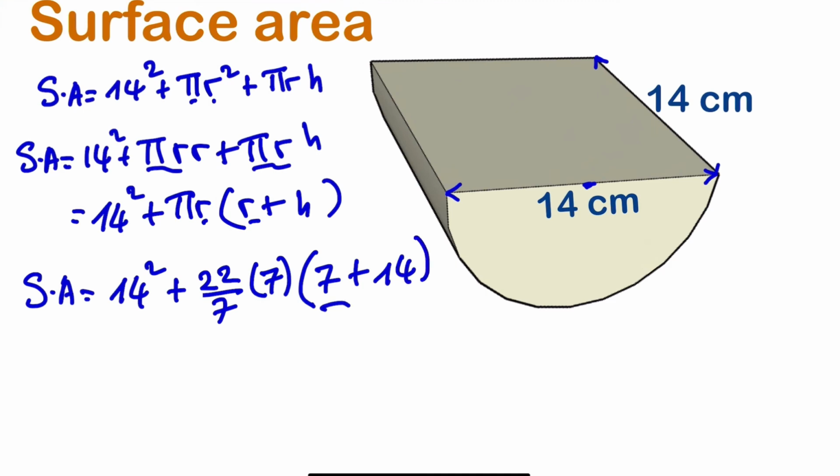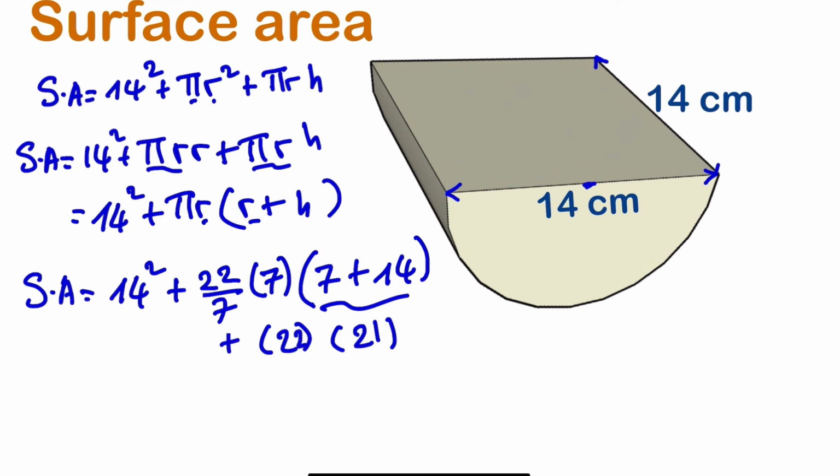We can add the bracket together, and this will give us 21. So we are going to have 21 here. And this 7 and this 7 will cancel out. This will give us 22. So this is 21 and this is 22.